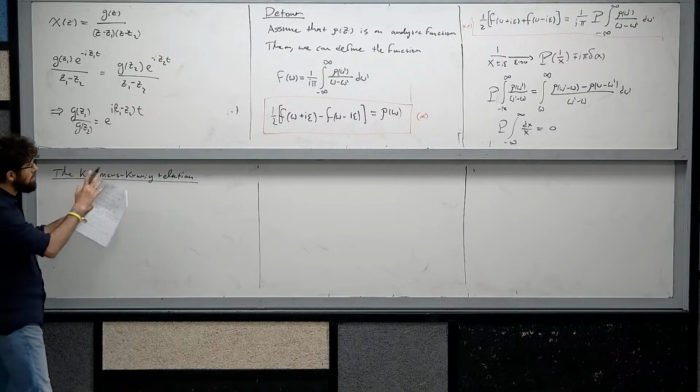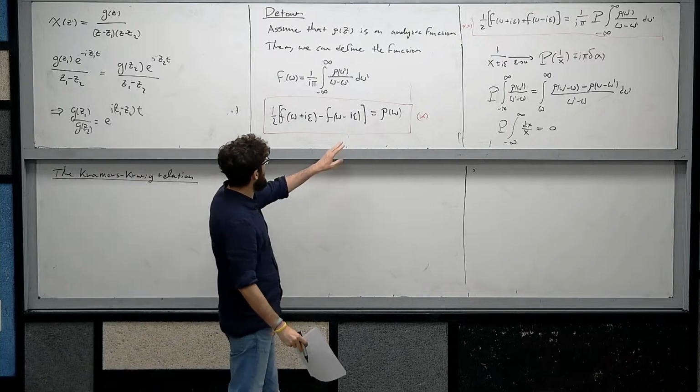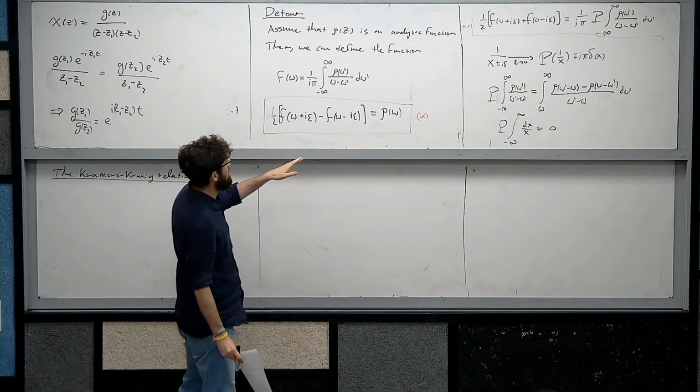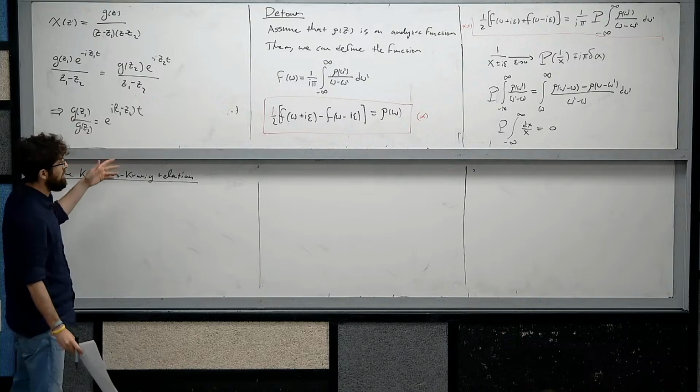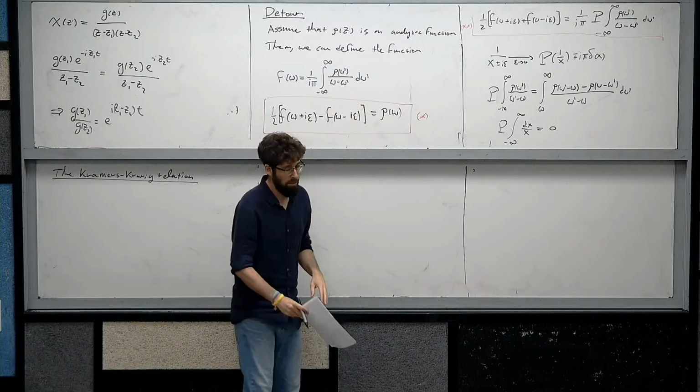So now let's use this analogy. We know we have this function chi, which is analytic in the upper half plane. So I'm going to plug it in for this rho.